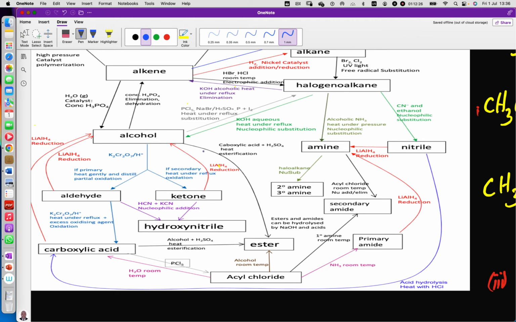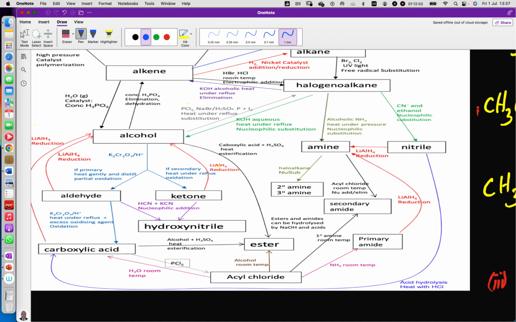Alcohols can react with carboxylic acids to form esters. Alcohol can react with carboxylic acid to form esters. Then carboxylic acid again can react with alcohol to form esters. And we use concentrated sulfuric acid as a catalyst.